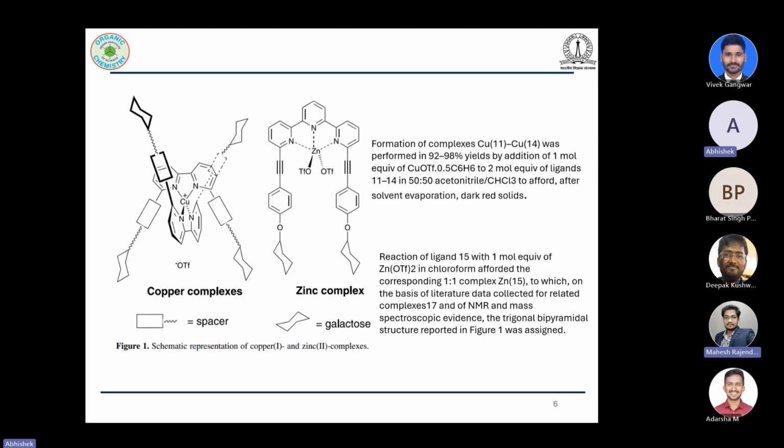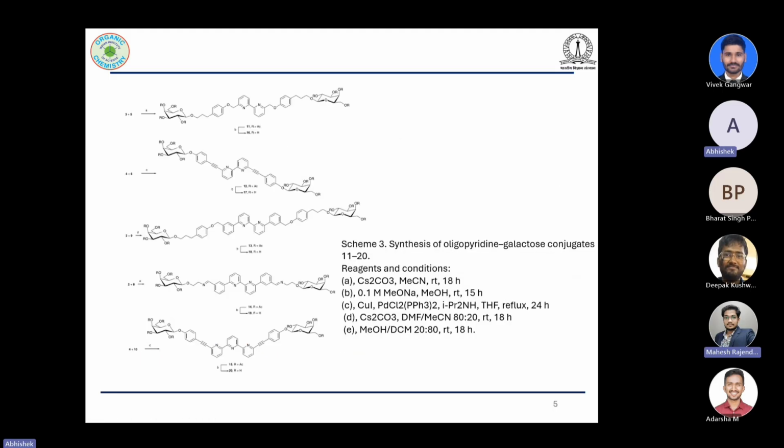Which quaternary carbon are they talking about? Because once it deshields this quaternary carbon, I think only the quaternary values and these values are decreasing.